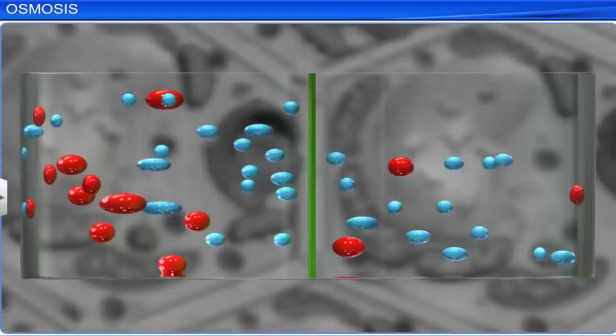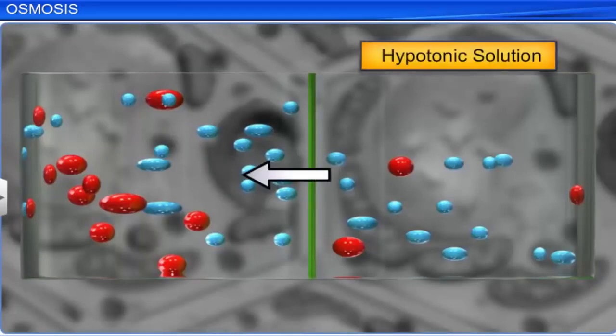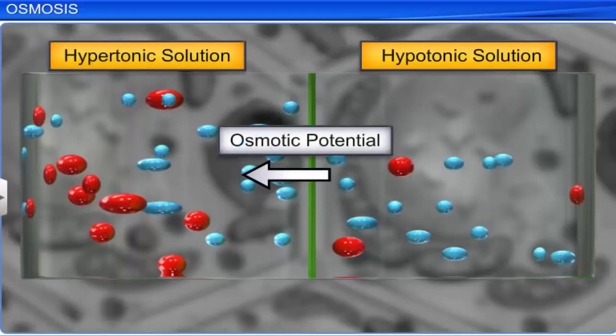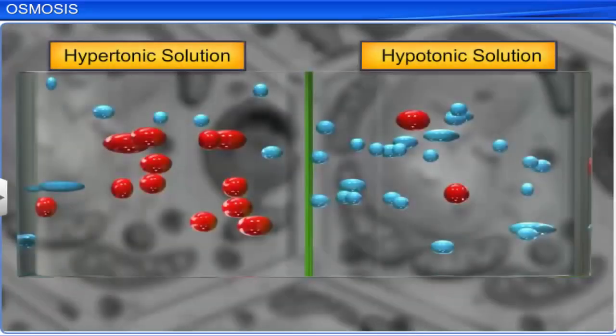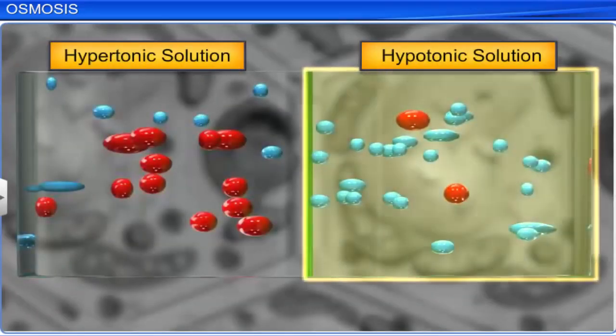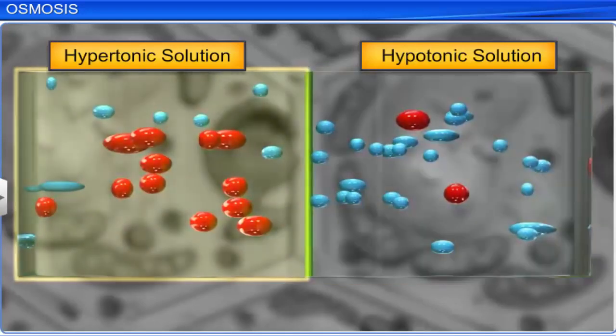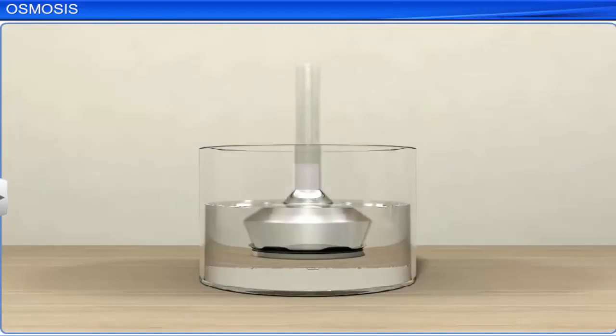Also, the potential of water molecules to move from a hypotonic solution to a hypertonic solution across a semi-permeable membrane is called osmotic potential. A hypotonic solution is a solution that has more water and less solutes, whereas a hypertonic solution is one that has less water and more solutes. Let us consider another example of osmosis.